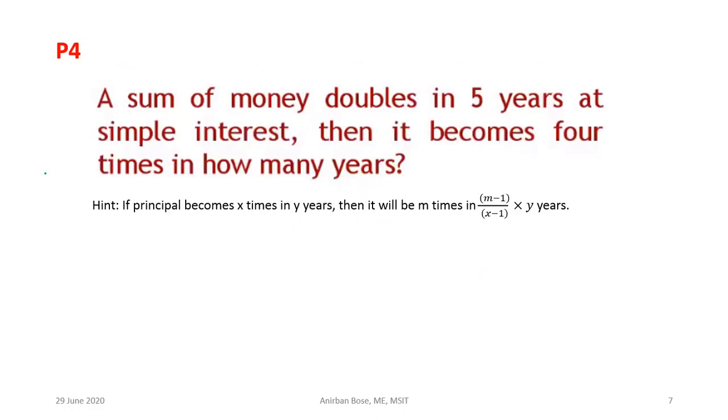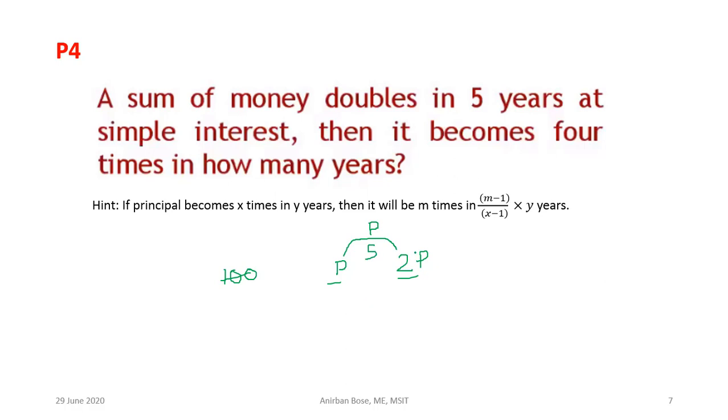Now coming to this problem, where a sum of money doubles in 5 years at simple interest, then in how many years does it become 4 times? Suppose the sum of money is P, and it doubles in 5 years. From P to 2P, the amount of interest is P, and that takes place in 5 years.